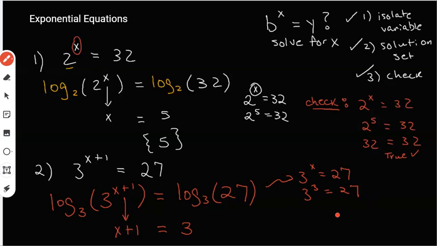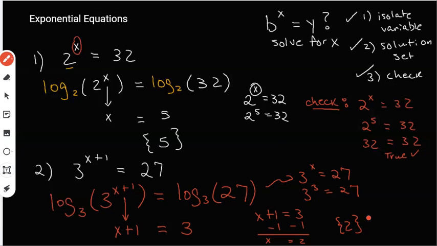The last thing I have to do to get x by itself is to subtract 1 on both sides. If I subtract 1 from both sides, then you're going to get x is equal to 2. So that's what goes inside my solution set. Positive 2. That's my answer for that one.